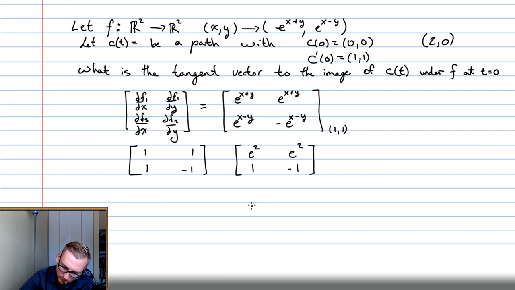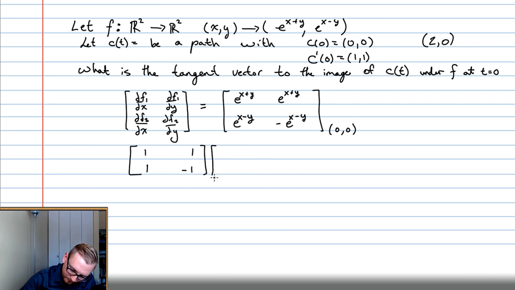Now we want to get a vector with 2, 0. What should we do? Oh, I see it now.